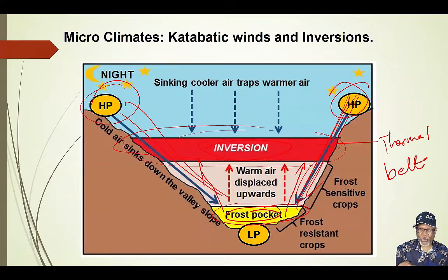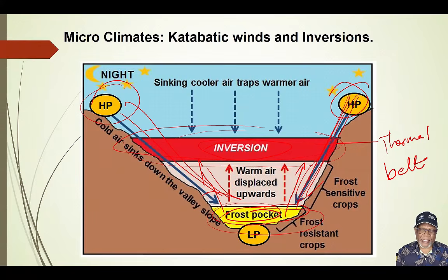It accumulates at the bottom of the valley, dropping temperatures below freezing point, and we're going to get temperature inversion there. But here at the bottom, what do we call it? We call it a frost pocket.